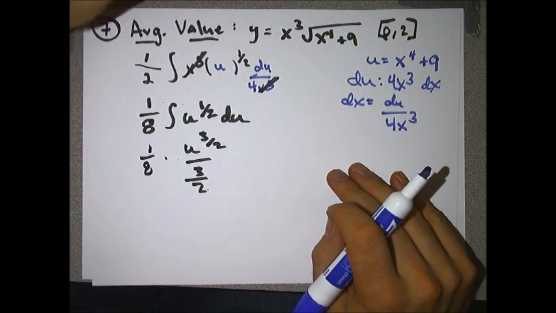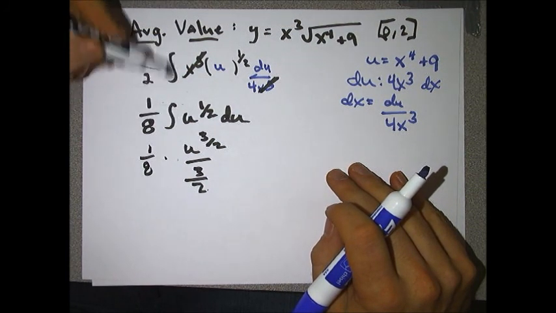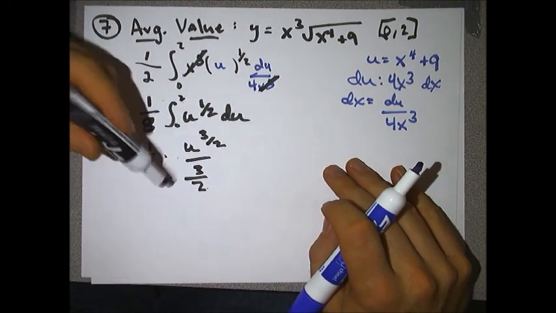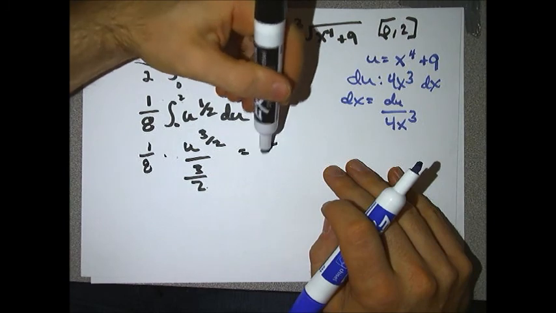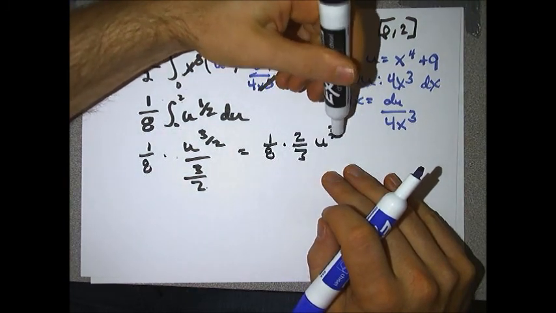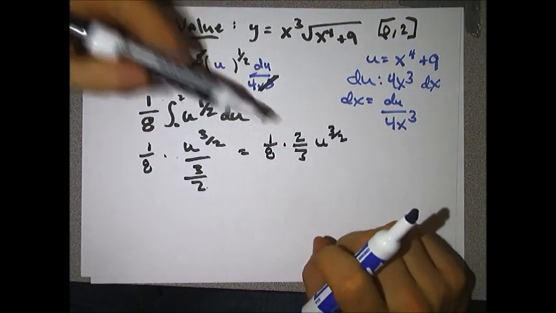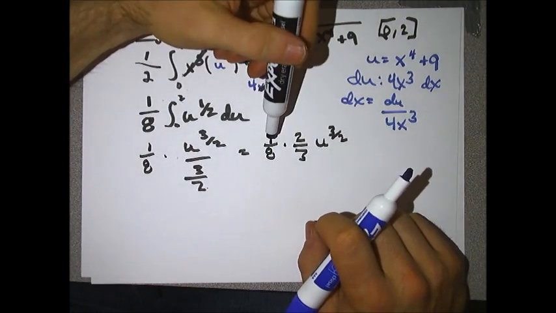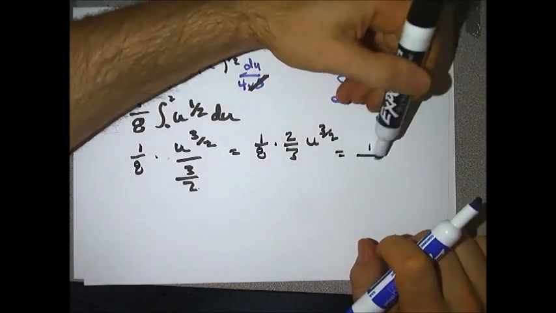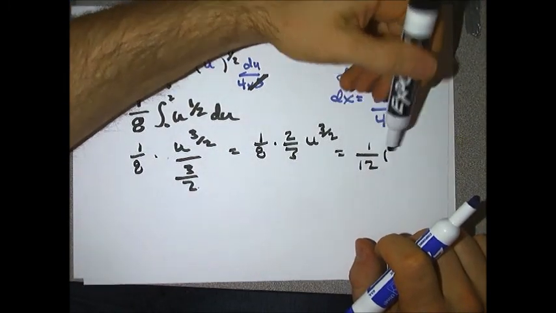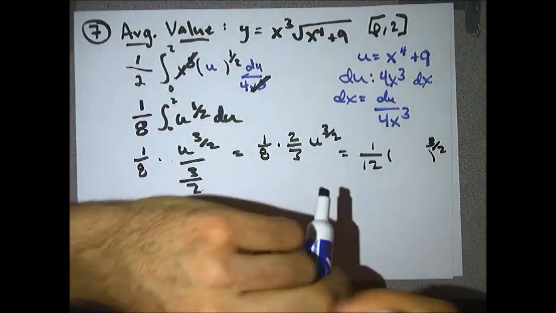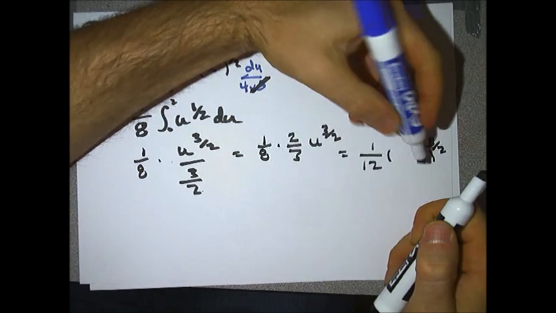Again, this is all from 0 to 2. So along the way here, these were 0 to 2s. We need to flip this, so it's 1/8 times 2/3 u to the 3/2. We can multiply straight across. This is 2 over 24, and 2 over 24 is 1/12 u to the 3/2, and u is x to the 4th plus 9.